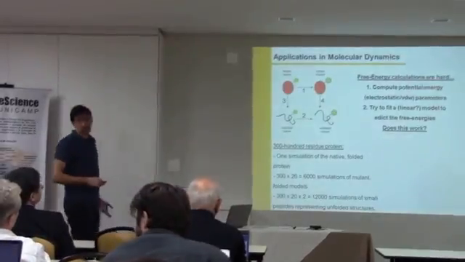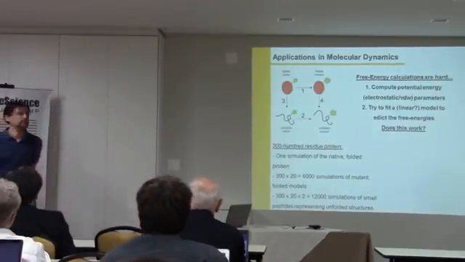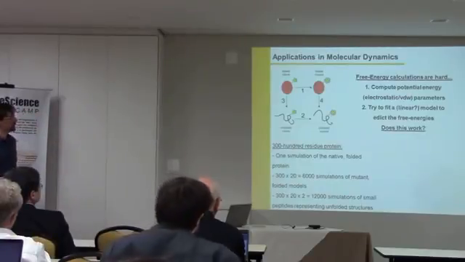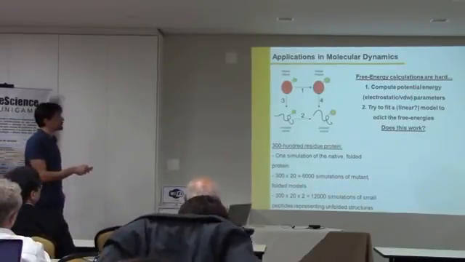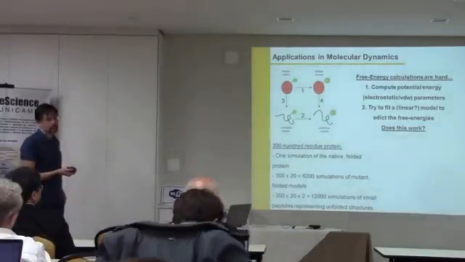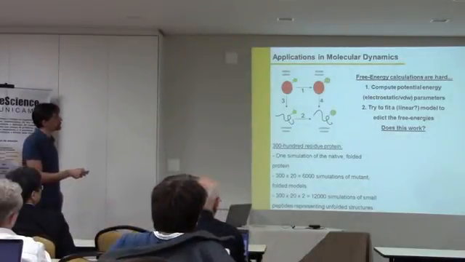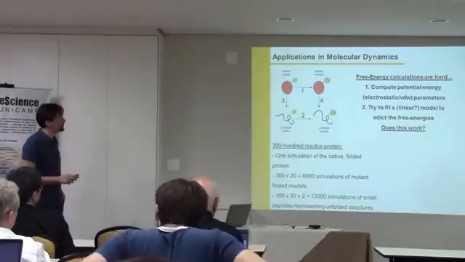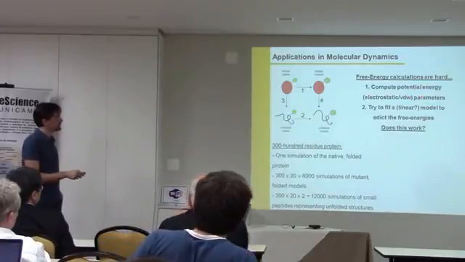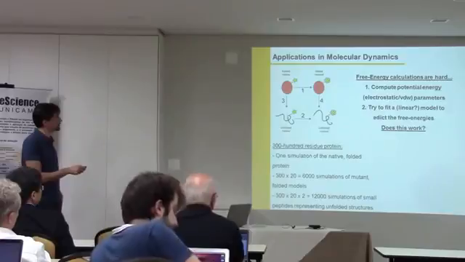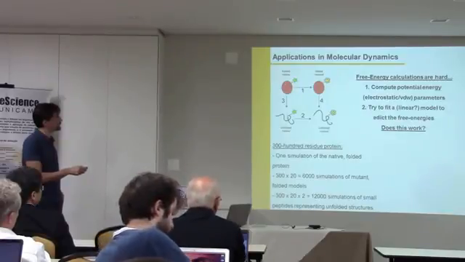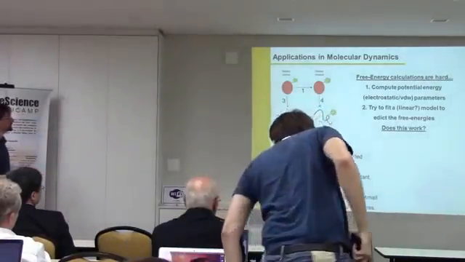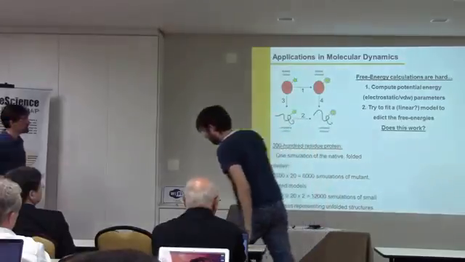Free energy calculations are very hard. They are hard to converge, particularly for large proteins and so on. So we wanted to do an approximate strategy. Instead of doing free energy calculations, we are using an approximate model in which we are going to compute simply potential energy parameters alone, electrostatic and van der Waals parameters for this residue in the folded protein and for this residue in the unfolded structure.